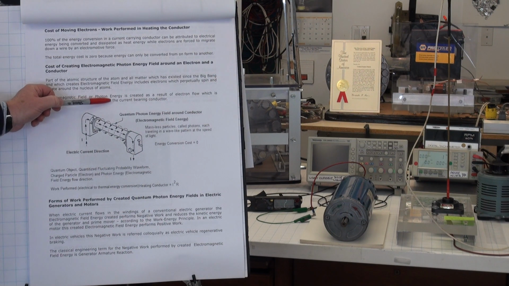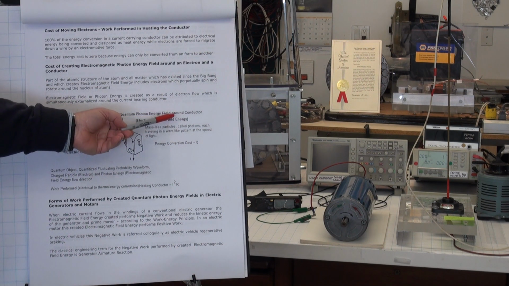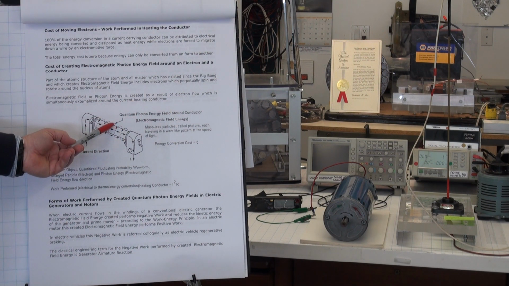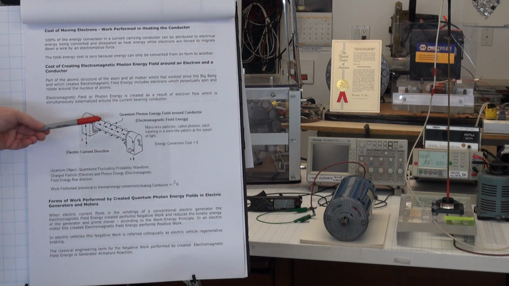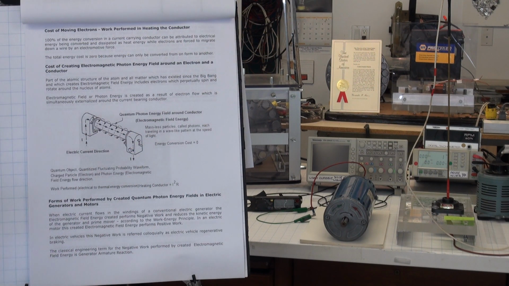Electromagnetic field or photon energy is created as a result of electron flow, which is simultaneously externalized around the current-bearing conductor. So the quantum photon energy field around a conductor, or electromagnetic field, is massless particles called photons, each traveling at the speed of light.